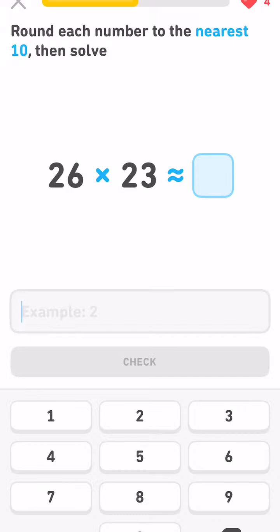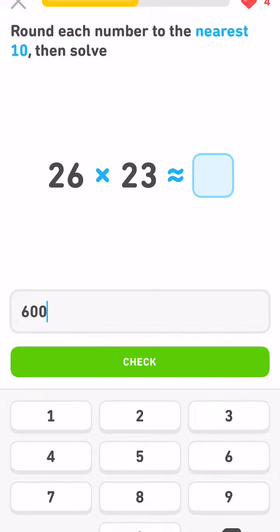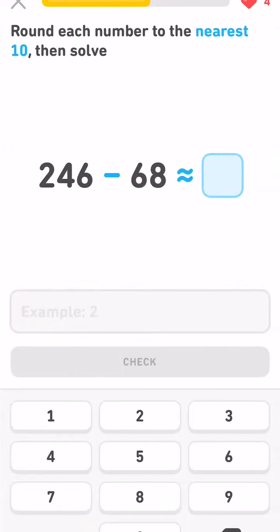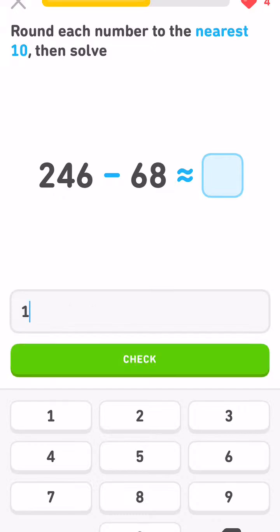So that would be 600. Okay, say 250 minus 70. Okay, so it's 180.